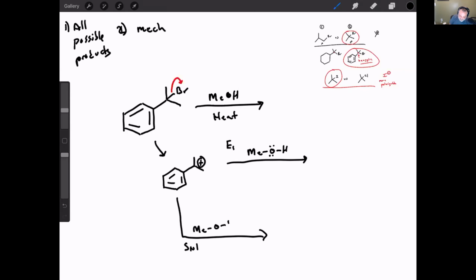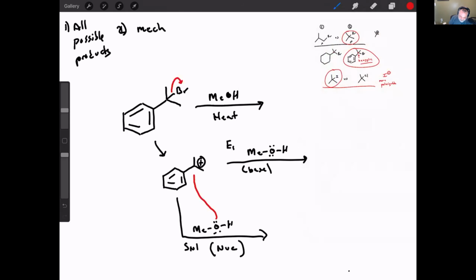In both cases, methanol is the thing that's going to do the chemistry. In the elimination pathway, the chemistry that methanol does is act as a base. In the substitution pathway, the chemistry that methanol does is act as a nucleophile. And so let's show it doing both of those things.